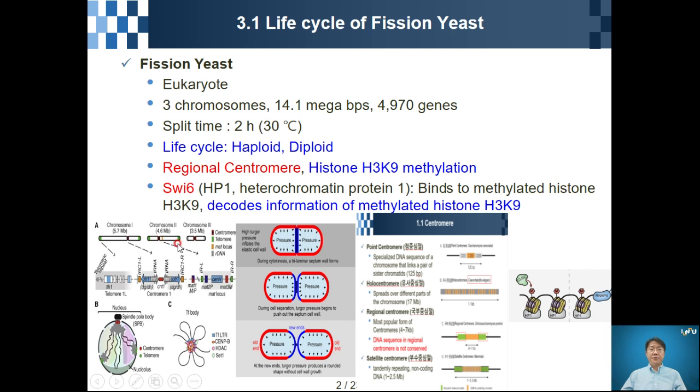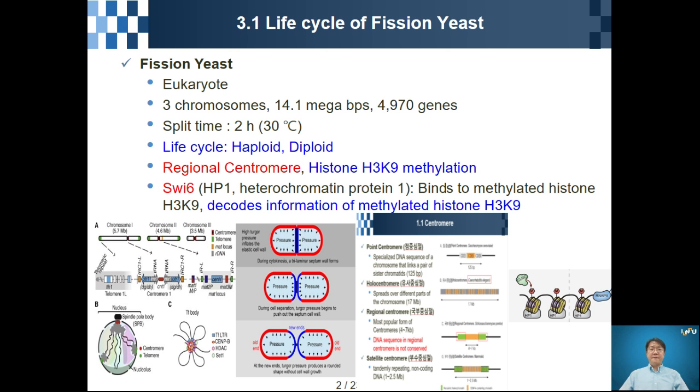Budding yeast is lower in the eukaryote class, so it doesn't have the regional centromere, but fission yeast does.